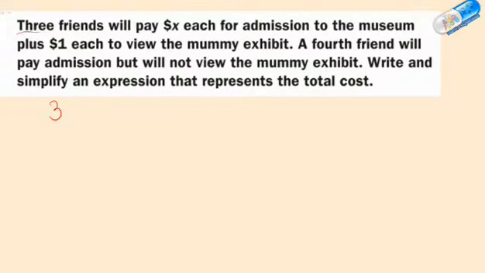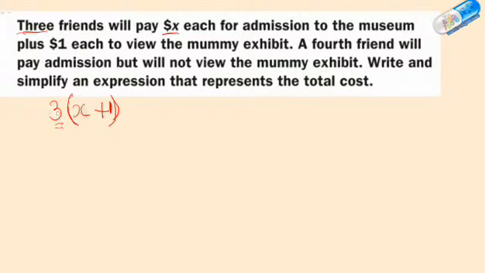So we have 3 friends that will pay x dollars each for admission to the museum, plus $1 each to view the mummy. So it is x plus 1. Okay, so each of them will pay x plus $1.